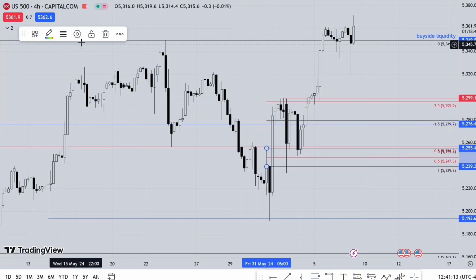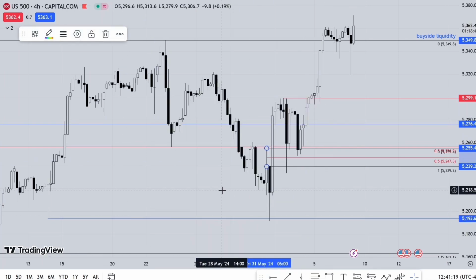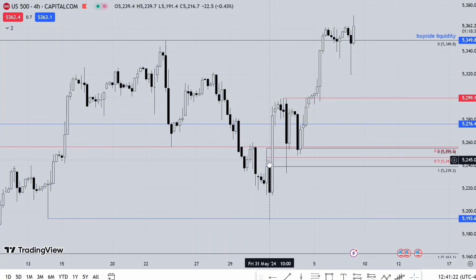So when you have a candle with a long wick like this, you pay attention to the high of the wick, the midpoint of the wick, which is the consequent encroachment, and the low of the wick, which is this.